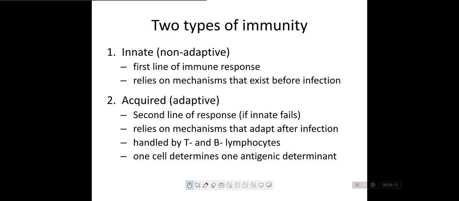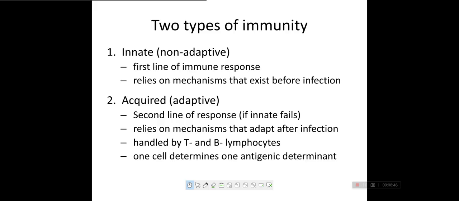When antibodies react as the second line of response, the B cell will be differentiated into two types, that is plasma cells and memory cells. This memory cell will always remember this type of immunity for a long time.